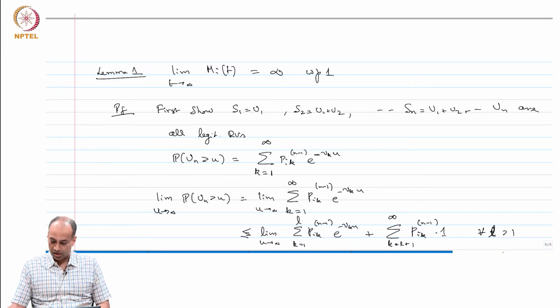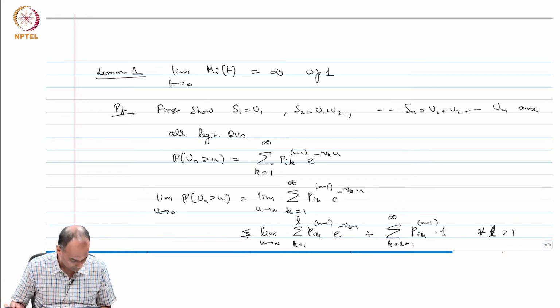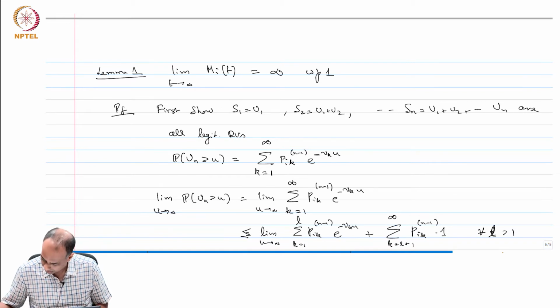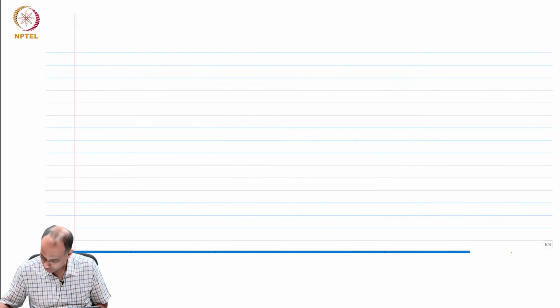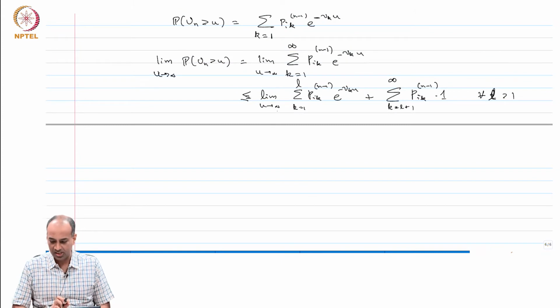All right. Now, if you look at it, I have these two terms to handle, right. The first term is a finite sum, and as u tends to infinity, the first term goes to 0, right.